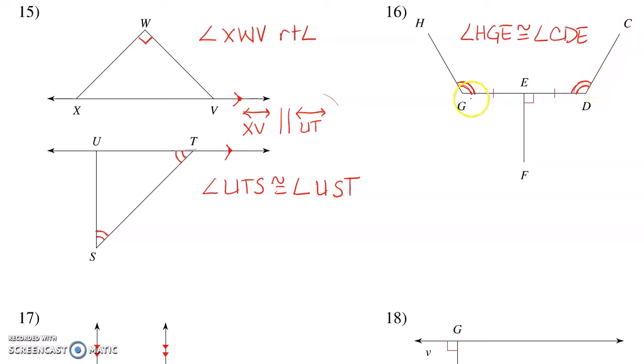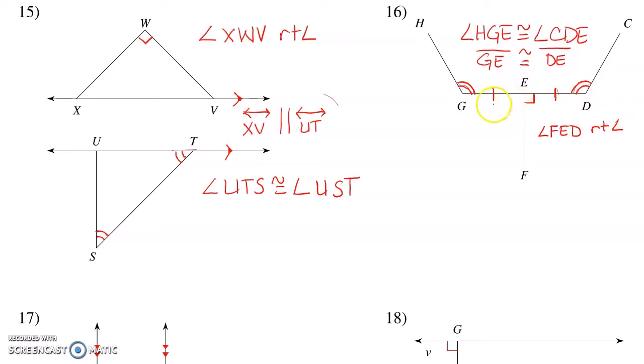And CDG is the same set of points. We are given segments GE and DE are congruent. We are also given that angle FED, or angle DEF, is a right angle.